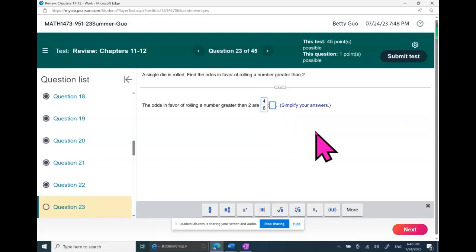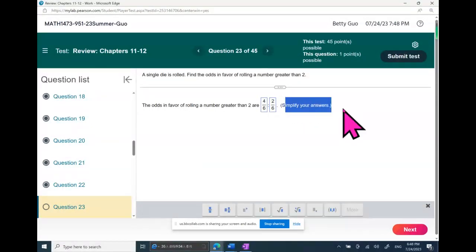And the second cell, you are going to enter the probability of not getting a number greater than 2. It's going to be the complement of the first event, right? So use 1 minus that. I keep the denominator 6. So 1 minus 4 over 6 is 2 over 6. But please do not sum it.